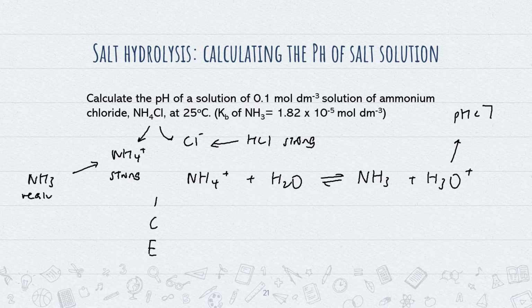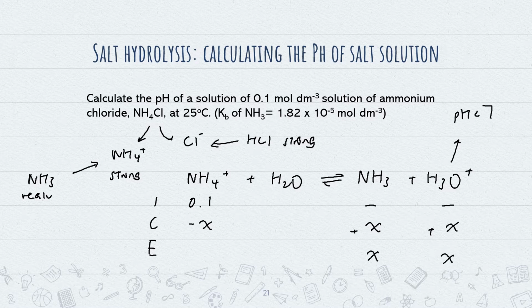So our I, which indicates initial concentration, will be 0.1, and here will be dash. H2O is not part of this because it's in liquid form, so we won't really consider it. So let's assume there will be a loss of x concentration of NH4+ and a gain of x for NH3 and also H3O+.